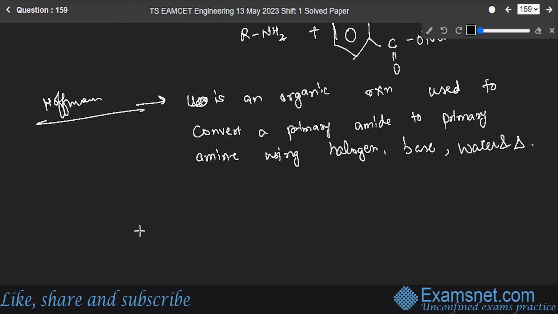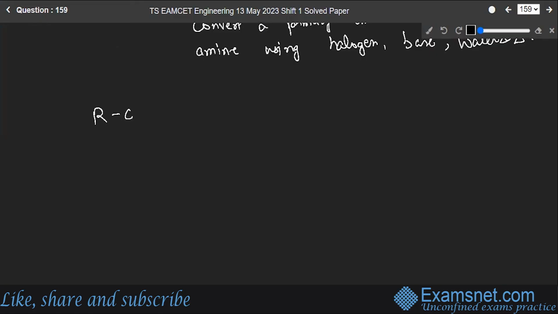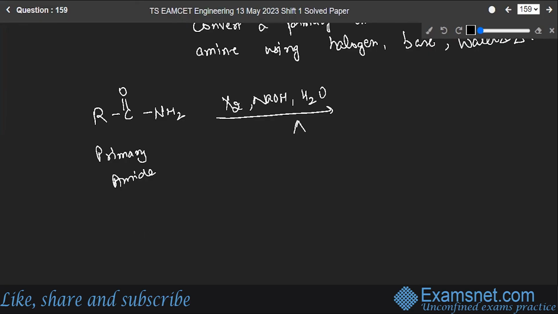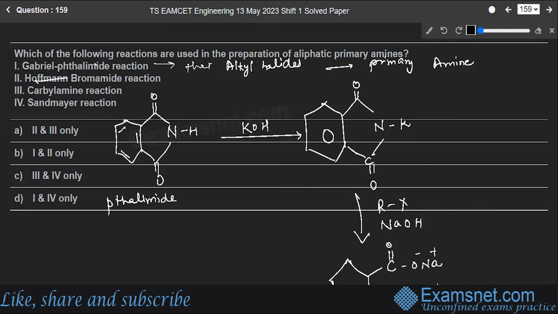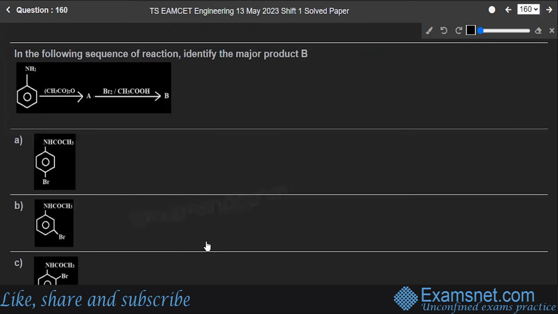So if you're having primary amide over here, RCONH2, this is primary amide. On halogen, sodium hydroxide, water, and heat, it gives you primary amine. So these are the two correct reactions, 1 and 2. So you have option B as the correct answer. Hope you understood this. Next is the last question for the chemistry, question number 160.